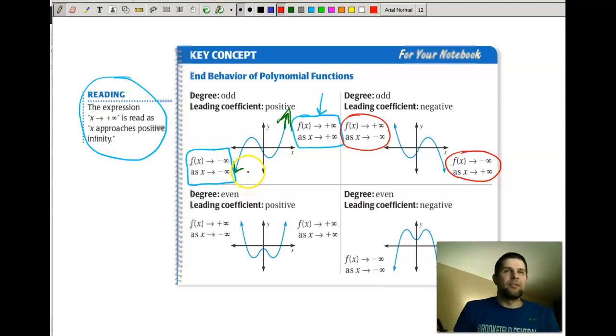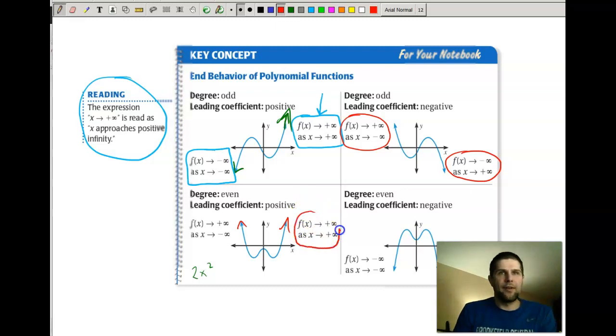And then we talk about even degrees. If I have x squared or x to the fourth, the end behavior is going to have a certain pattern. If the leading number is positive, like 2x squared, then we know that the end behavior is up to the right, up to the left. How do we say that formally? Same thing.